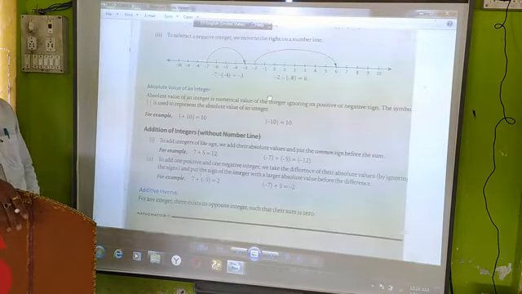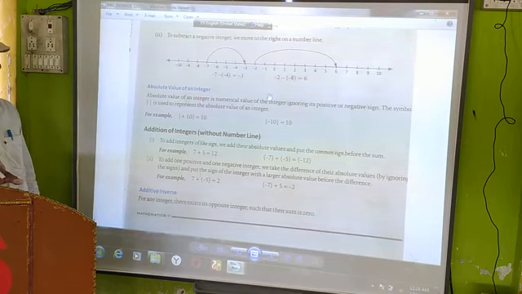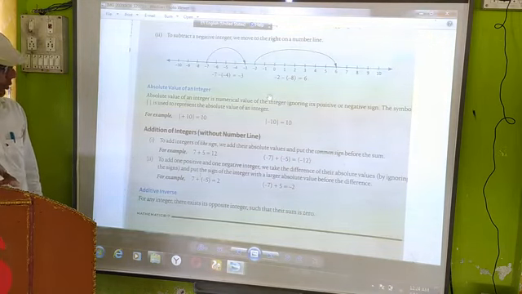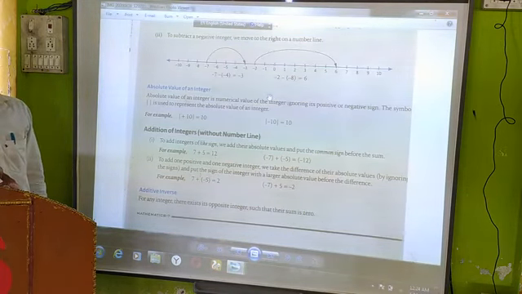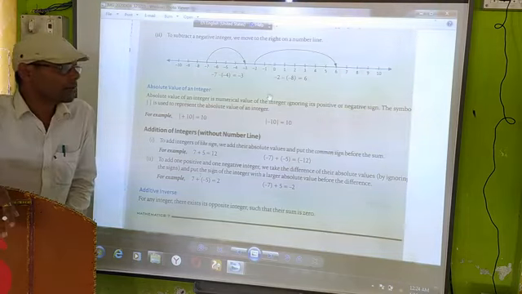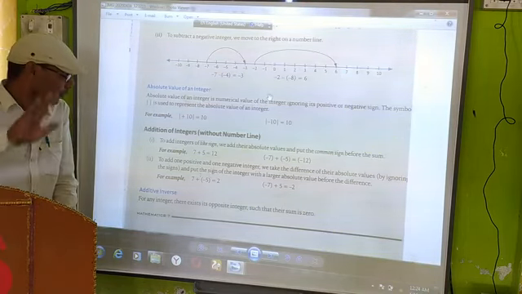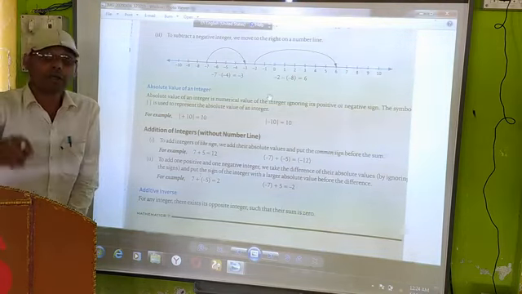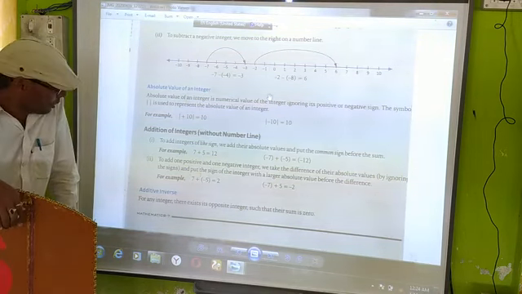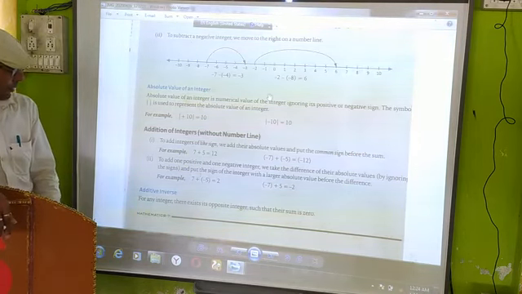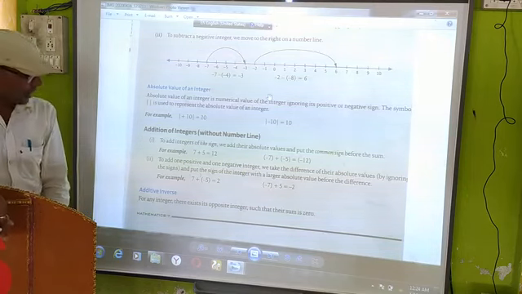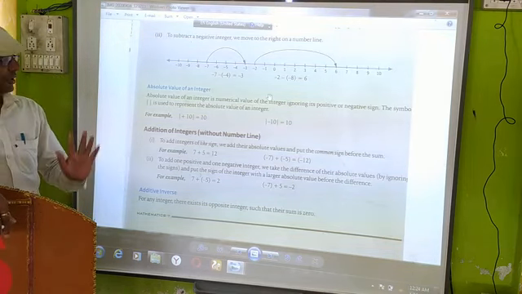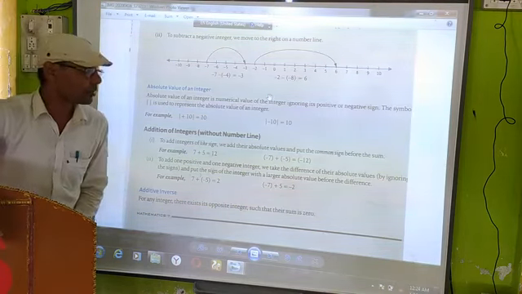addition of integers without a number line. We will see the things on the blackboard later. One thing I want to make clear to you: additive inverse. For any integer, there exists its opposite integer such that their sum is 0.